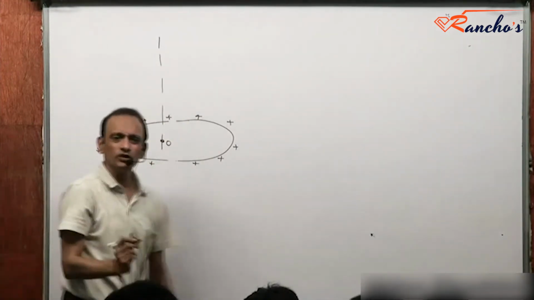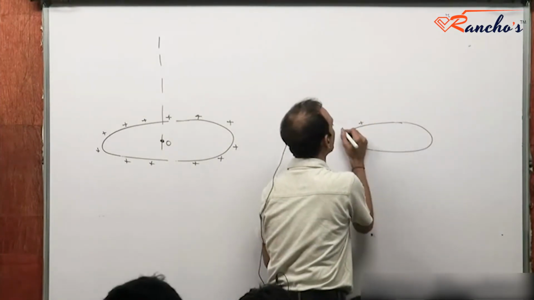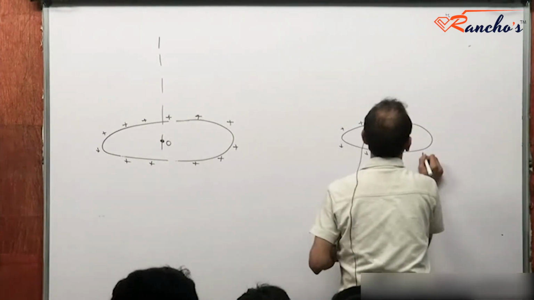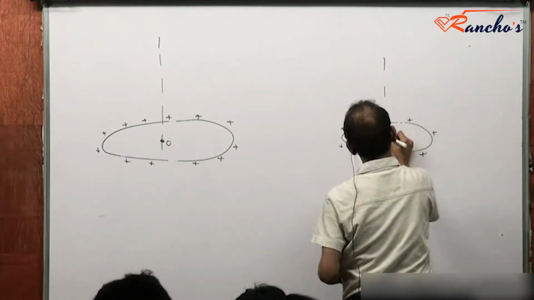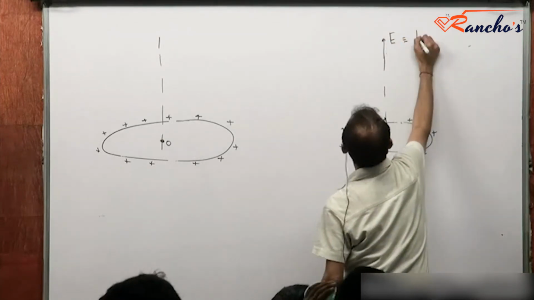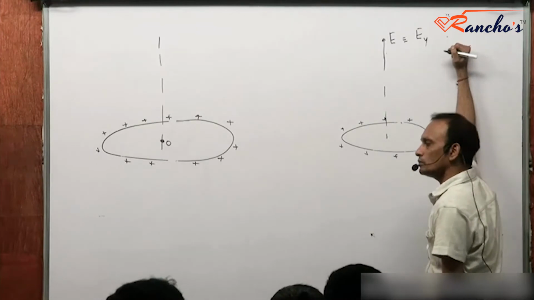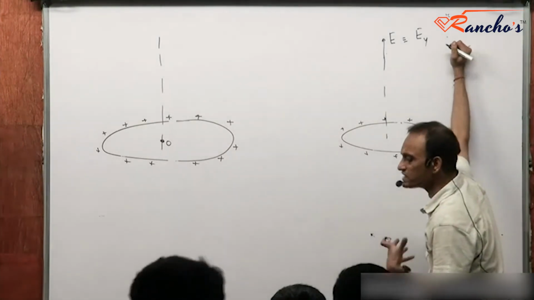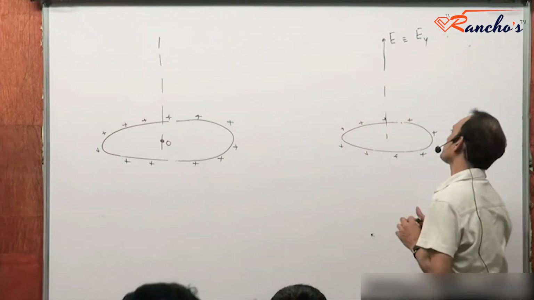Oh, and one thing, why the electric field because of this uniformly charged ring turned out to be purely vertical. E turned out to be purely vertical along the axis. Again, this could have been guessed without doing any hanky-panky.